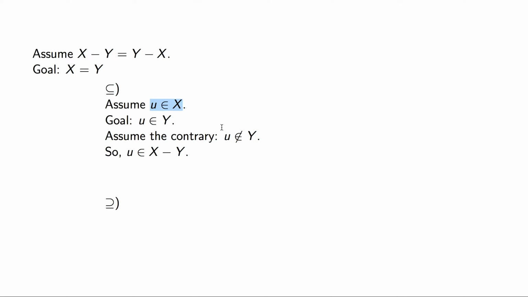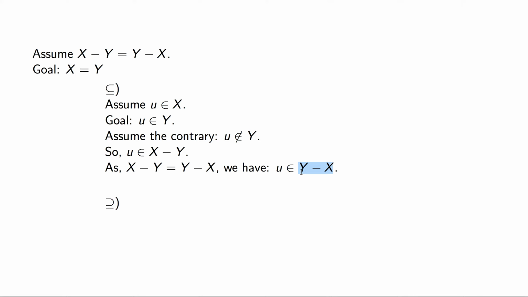From this and this, we have that u is a member of x minus y. But now, what do we know about x minus y? x minus y is the same as y minus x. So, u is a member of y minus x.